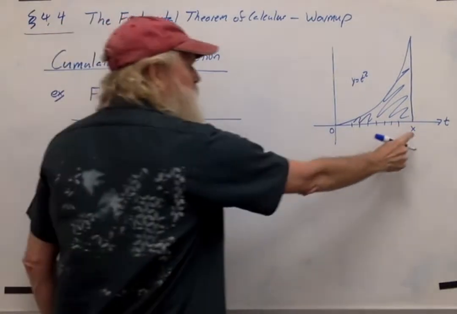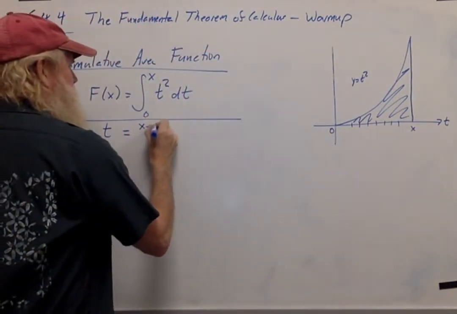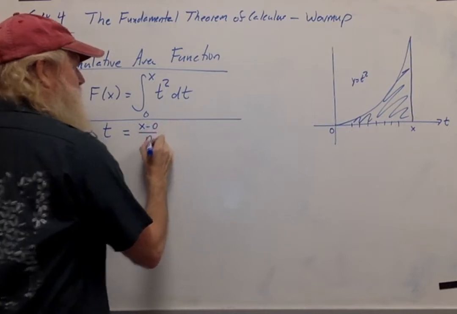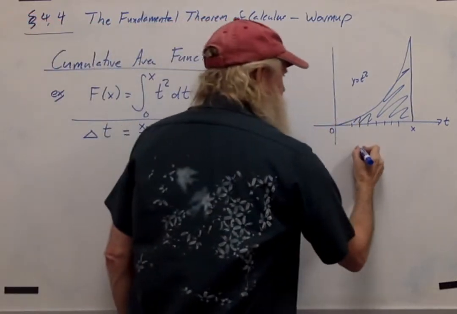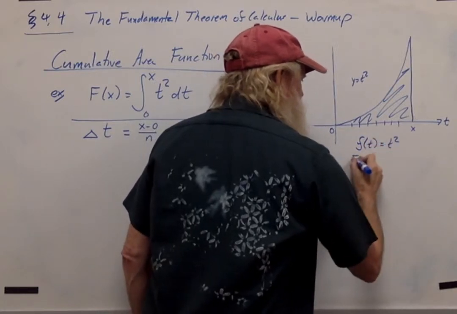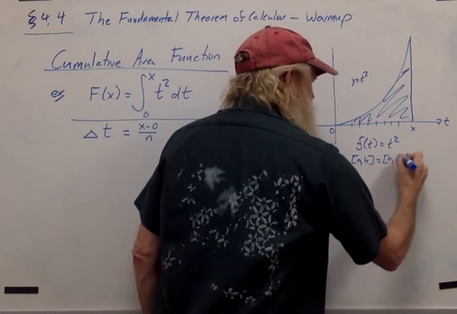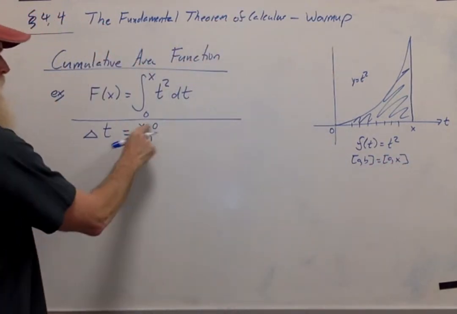And that will be the right endpoint minus the left endpoint. So x minus 0 divided by n. So my function is f of t equals t squared, and my interval from a to b is from 0 to x. So that's b minus a over n.